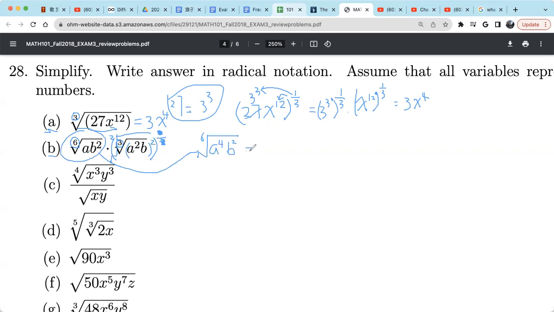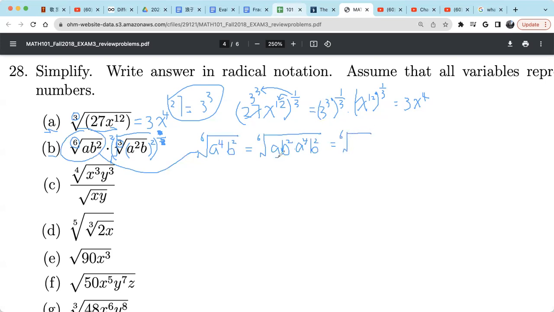With the same index, now we can put the radicand together. So the first one, we have a b squared. The second one, we have a to the 4th power and b squared. We're looking for the same base. Once we have the same base, multiplication indicates adding their exponents.